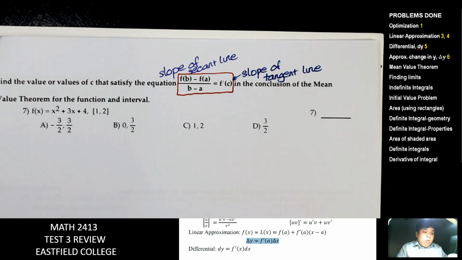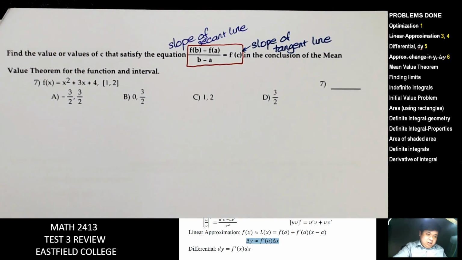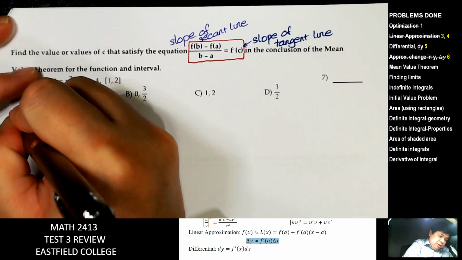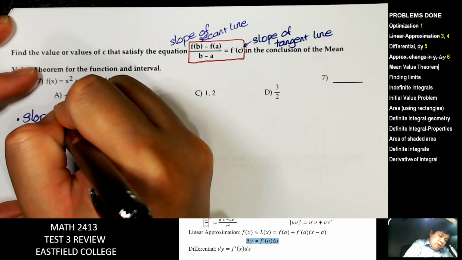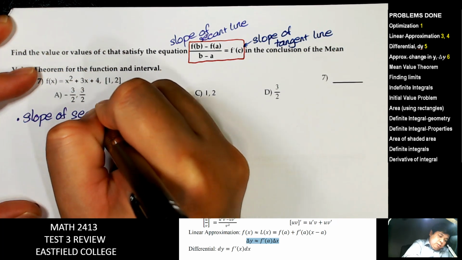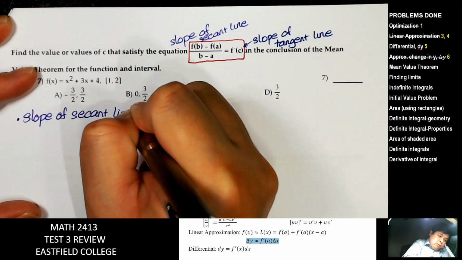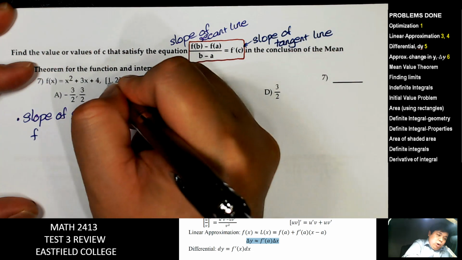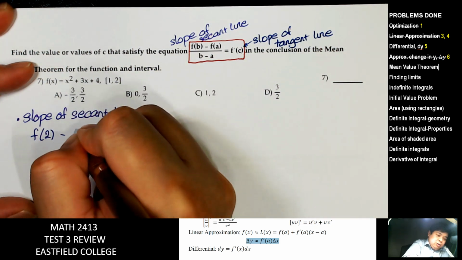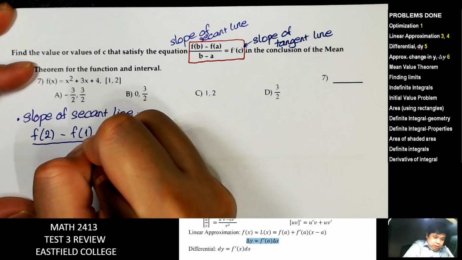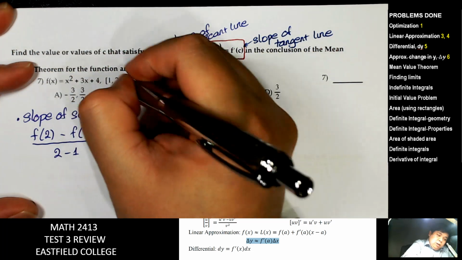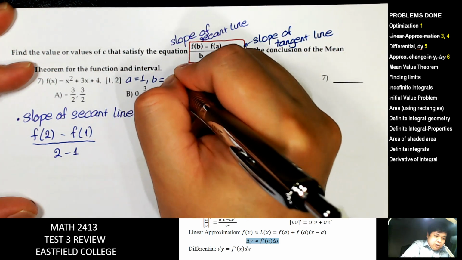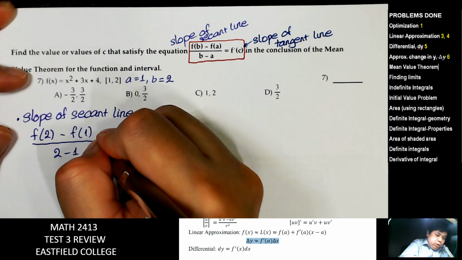Right. Now first, we find the slope of the secant line. So that we go from 1 to 2. So from here, a is 1, b is 2. And so we do that.